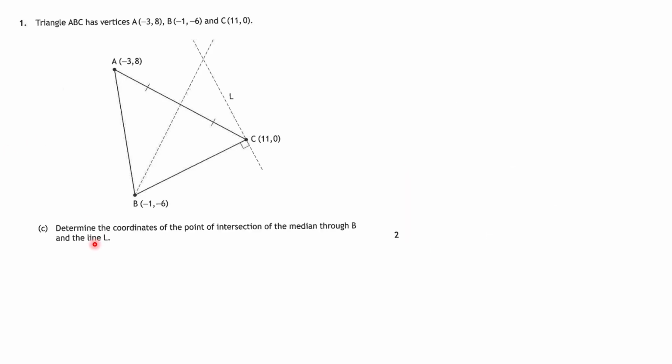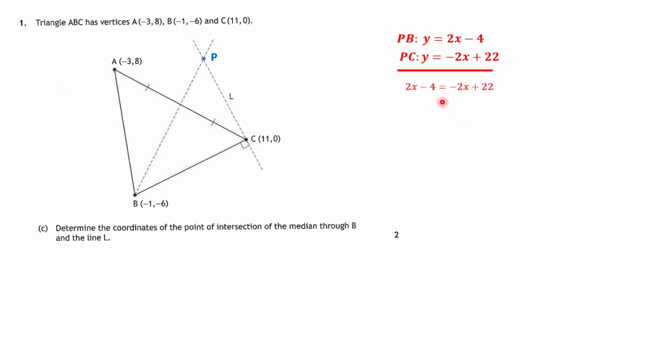Part C, it says determine the coordinates of the point of intersection of the median through B and L. So we did this in part A, that was this one, and then we did this one in part B. So we can say we have 2 lines, this is part A, this is part B. Now solve them simultaneously.